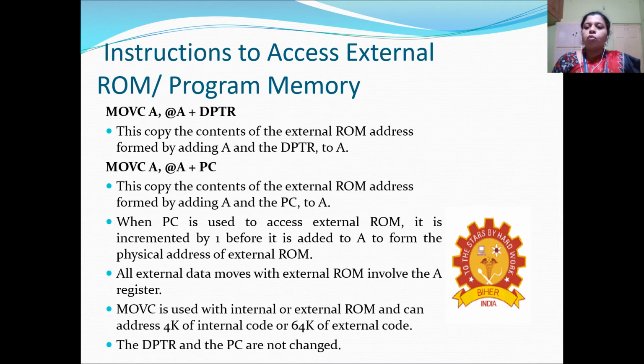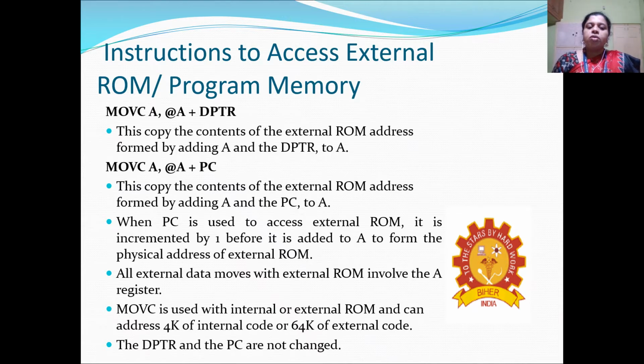Next we move on to the instructions to access external ROM or program memory. Program memory is also called code, so here the letter C is involved in the instruction. When we want to access external ROM or program memory, the instruction used is MOVC.